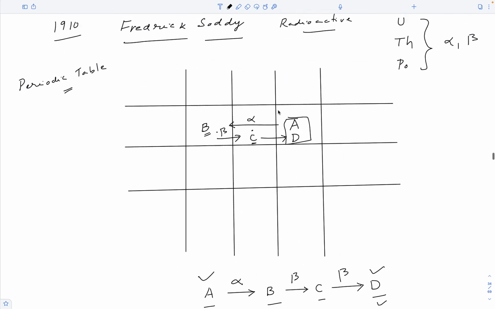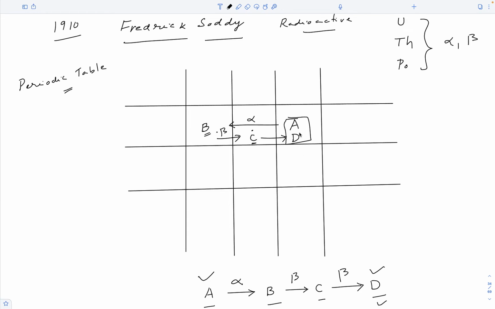Soddy thought that they are two different elements. But when he took a mixture of A and D and tried to separate them using chemical methods, that is chemical reactions, he totally failed. He found that it is impossible to separate A and D by chemical methods. They have identical chemical properties, zero difference in their chemical properties.